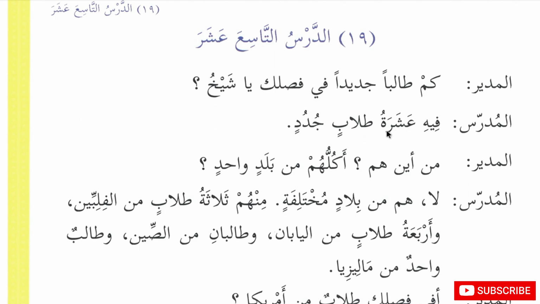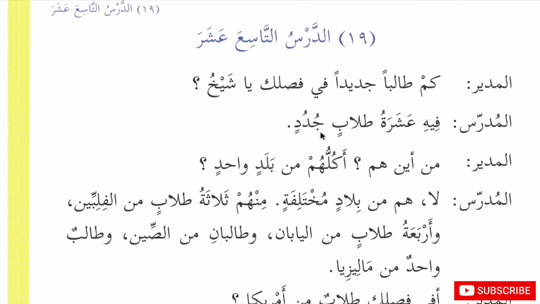We will say asharatu tullab. So we say 10, and then we take the word student, and then we put the plural, for all numbers between 3 and 10. So asharatu tullabin, and this will be mudaf ilayh with double kasra. It will be in the majrur state. This will be in the marfu state by default, unless there is a fi or some other preposition that will make this into a different state, whether into an object or into the majrur state.